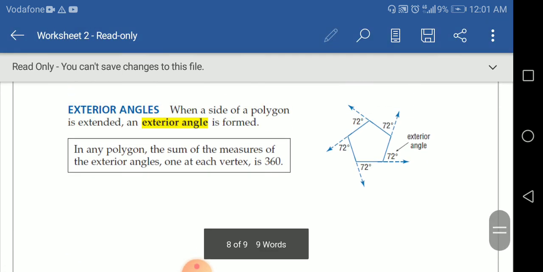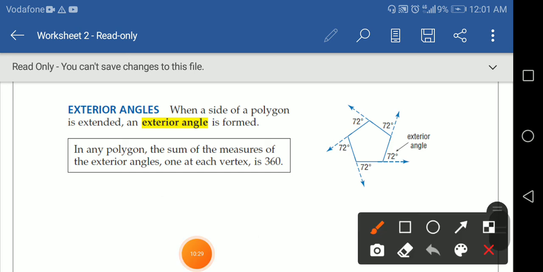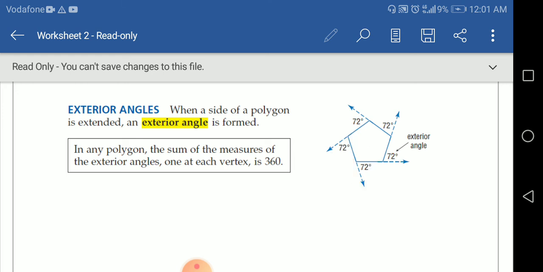Okay, let's have this example. I have here exterior angles. When a side of a polygon is extended, an exterior angle is formed, as you see here. And we know when we have an adjacent line, so 72 plus 180 minus 72 to get this 180 all. Remember this, guys? Okay, this is very easy.